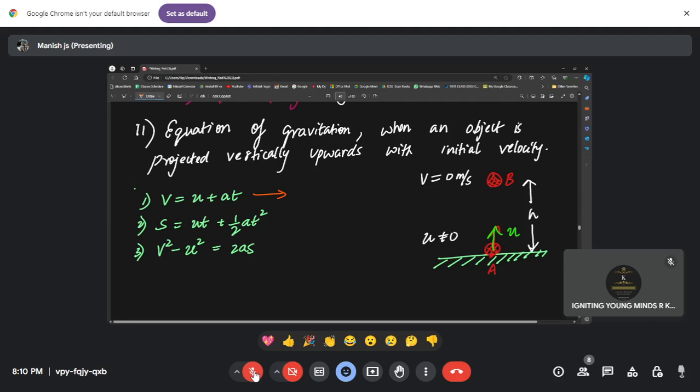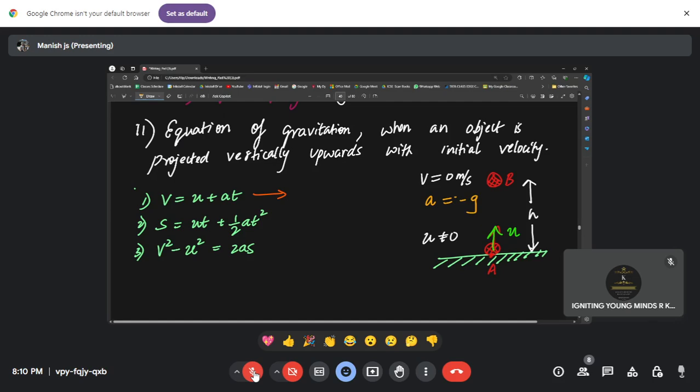When you're throwing an object vertically upward, we understand that initial velocity is not zero, but final velocity is. Also, when you throw an object vertically upward, the object is going against the gravity of the earth. Because its motion is against gravity, you will take a equals minus g. The negative sign indicates the motion of the object is against gravity.